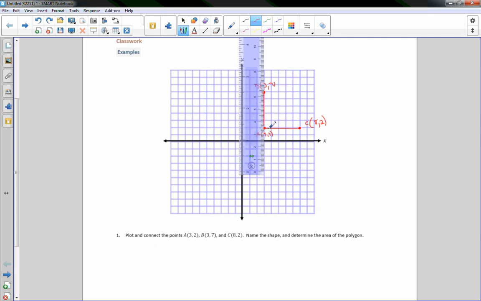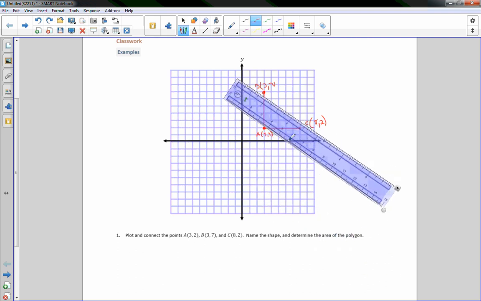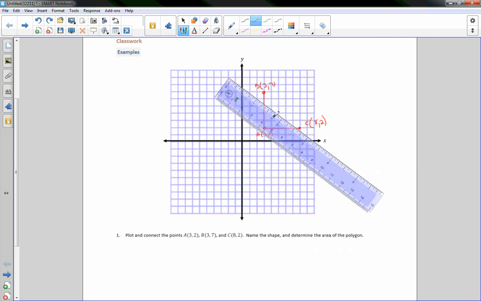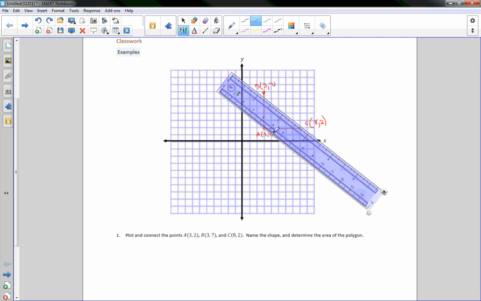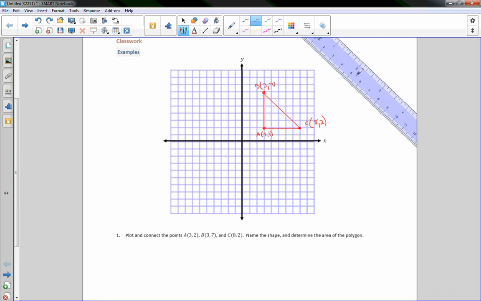This is line segment AB, and then this is the toughest part on the computer anyway, is rotating this to line up with my points. And right about there. So there it is. There's my diagram.